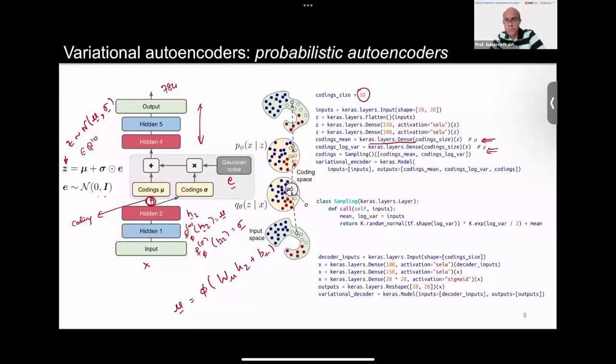Professor, why are we computing coding underscore mean and coding underscore log var, where both are the same, right? Here, you basically don't look at the variance, but you have a log of the variance because of the exponential nature of the Gaussian distribution.